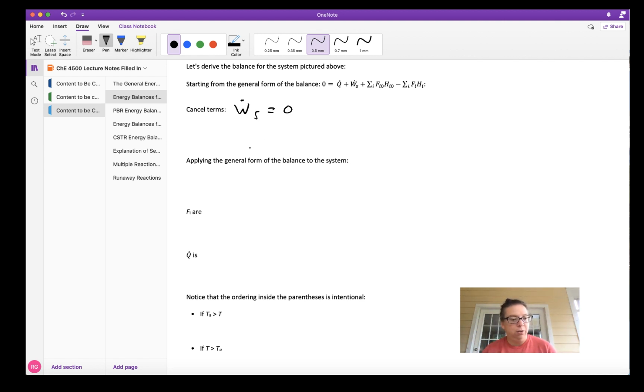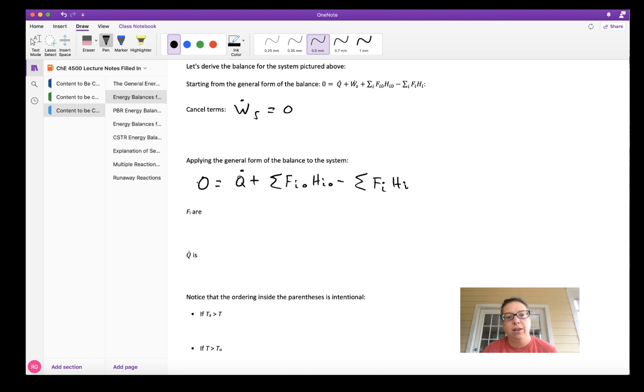In this tubular reactor, there are no moving parts, so there's no shaft work, and that term goes to 0. So now, if we apply the general balance to the system and omit the Ws term, we get 0 is equal to Q dot, the heat term from the exchange of heat with the heat exchanger, and then we have the flows coming in and out.